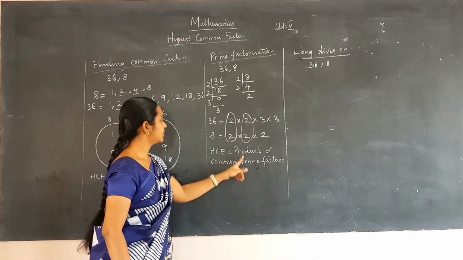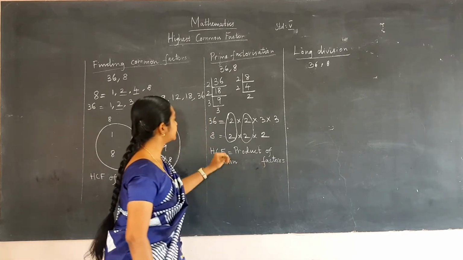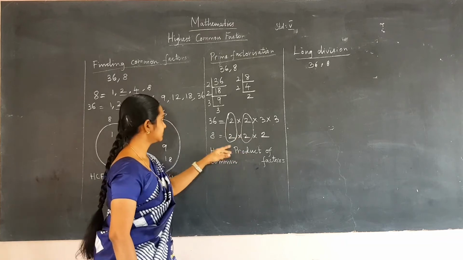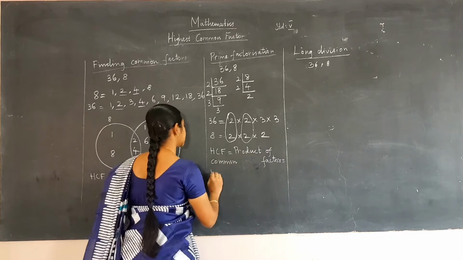We have to product them. 2 into 2 is 4. So HCF will be 4.